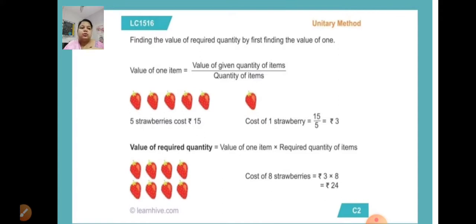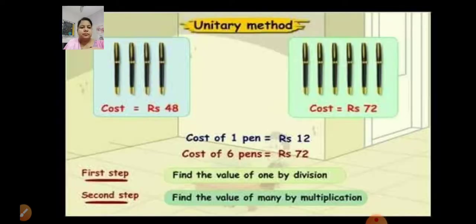So rupees 3 multiplied with 8, because we required the cost of 8 strawberries. So rupees 3 into 8 will give us rupees 24. Okay. So this was the main basic of unitary method, which we are going to use in our next exercise 12.3.